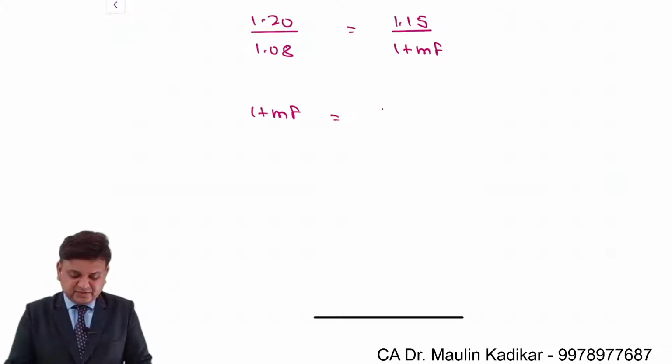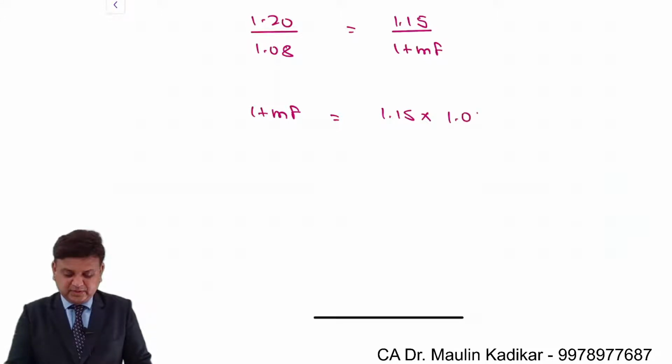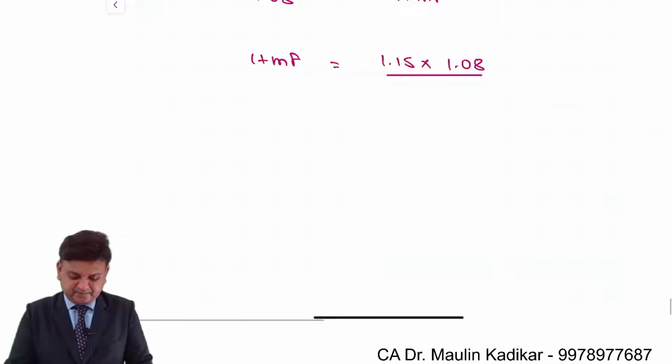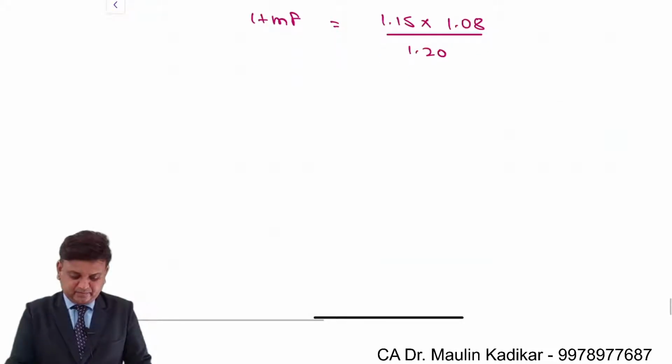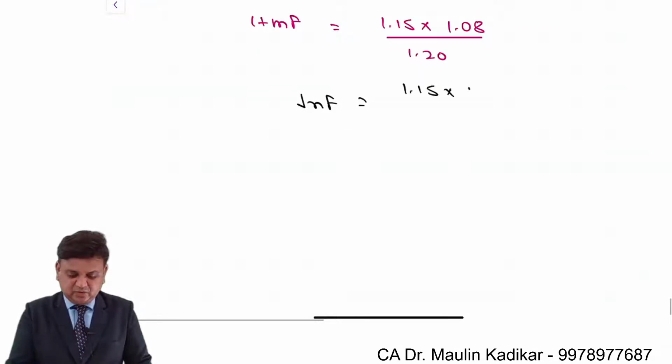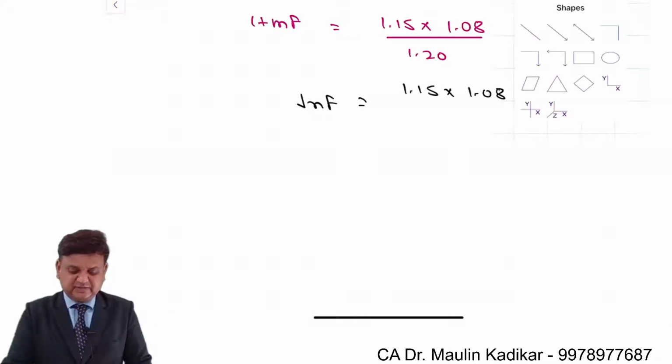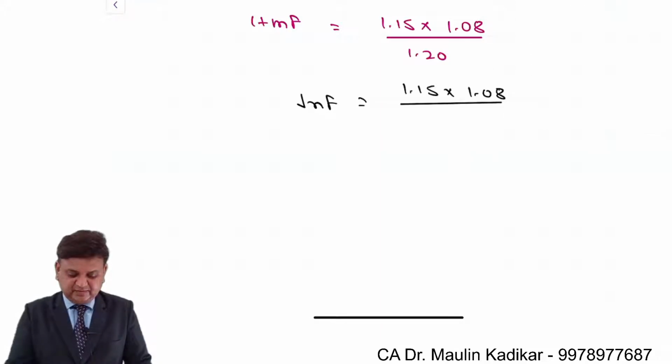1 plus inflation is equal to 1.15 into 1.08 upon 1.20. So the inflation rate is equal to 1.15 into 1.08, whatever the answer that we have, divided by 1.20. Again, whatever the answer that we have, from that 1 will be deducted.